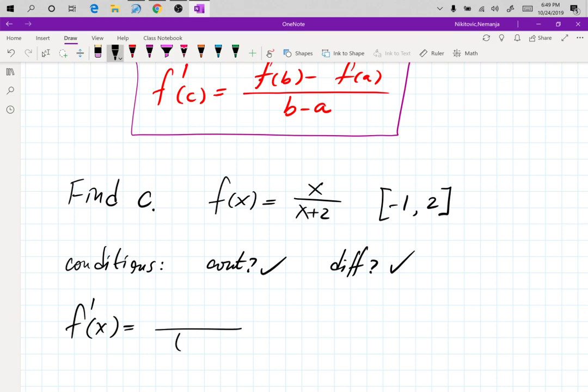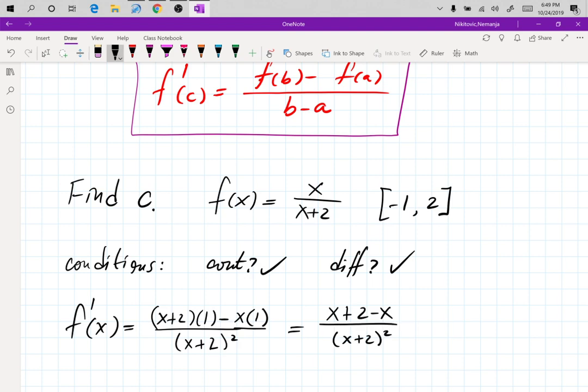So you can use x plus 2 squared, then we have x plus 2 times 1 minus x times 1. Simplified to x plus 2 minus x divided by x plus 2 squared. Altogether 2 over x plus 2 squared. There's the derivative. So now we have that the function is x over x plus 2, and the derivative is 2 over x plus 2 squared.